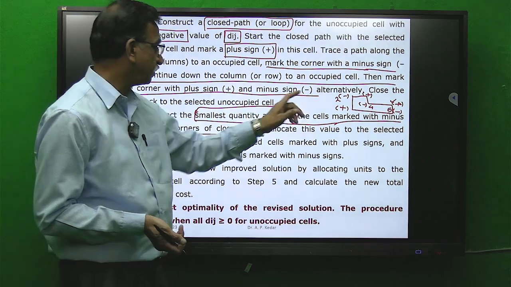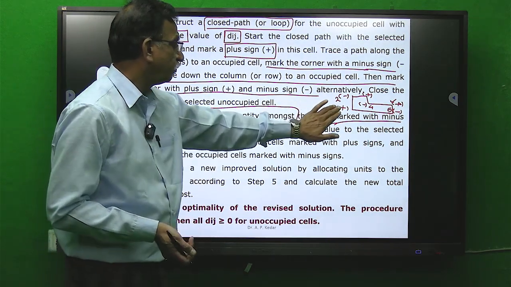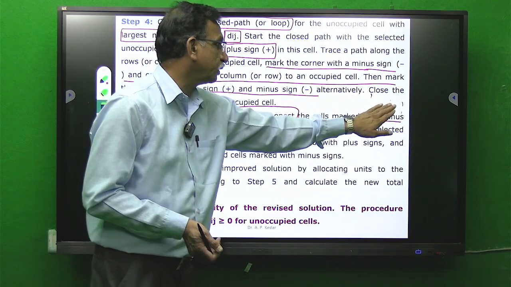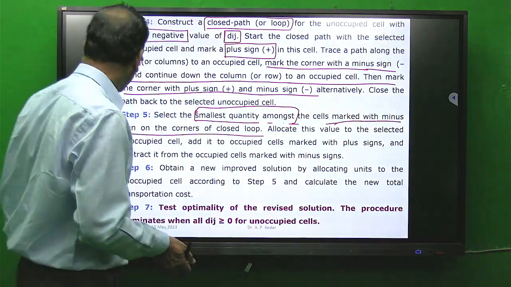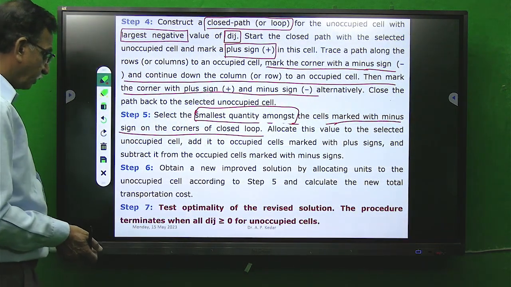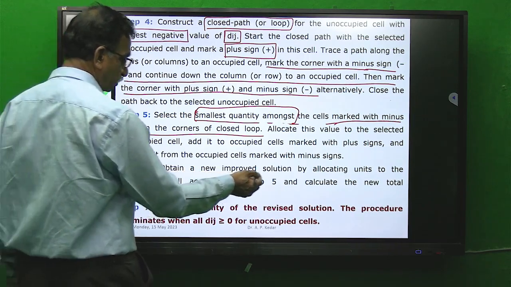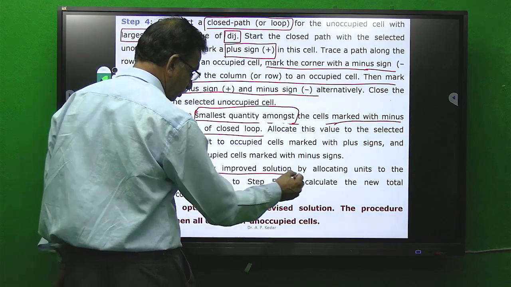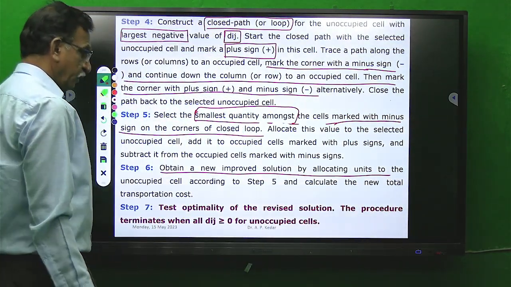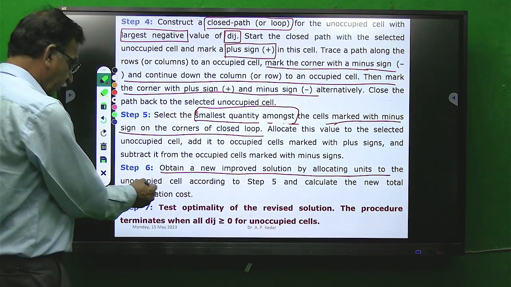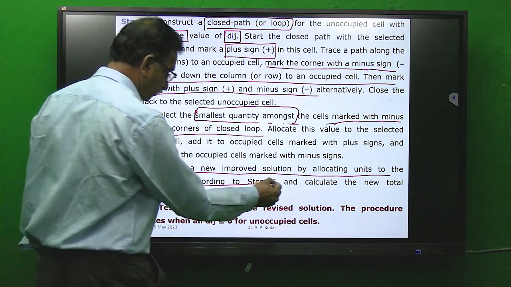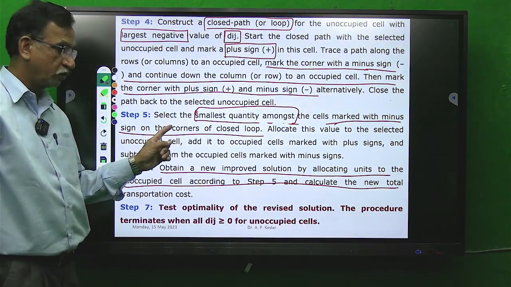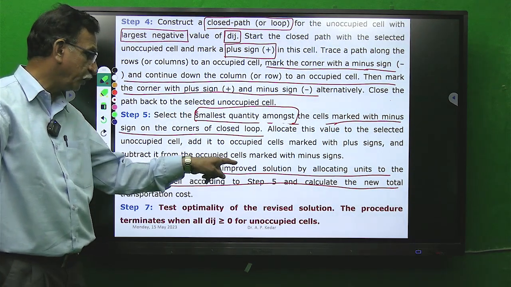So again this step will be explained to you when we go for actual execution of the transportation model problem. Now obtain a new improved solution by allocating units to the unoccupied cell according to step 5. We have done something in step 5, so you have to obtain a new improved solution.